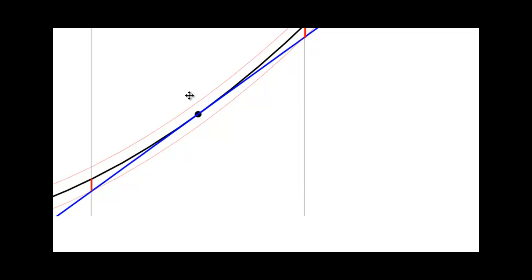The vertical black lines show how far from the tangent point you can move in the negative direction and the positive direction from the x naught point before you would exceed the allowable error. As you can see, if you moved a little bit more to the left, the red line between blue and black would exceed the allowable error.